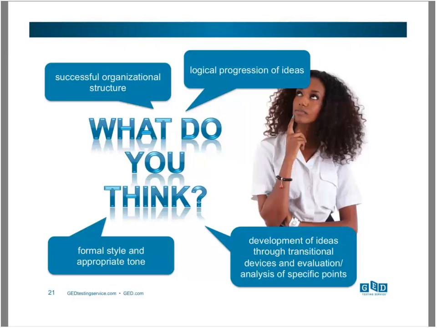And just a few final points. One of the things that the student in response 1 did is actually develop those ideas and use a lot of transitional devices. So we were able to logically flow through the ideas that were there and see where that student truly understood the source text, and wasn't just able, but had actually analyzed and evaluated.